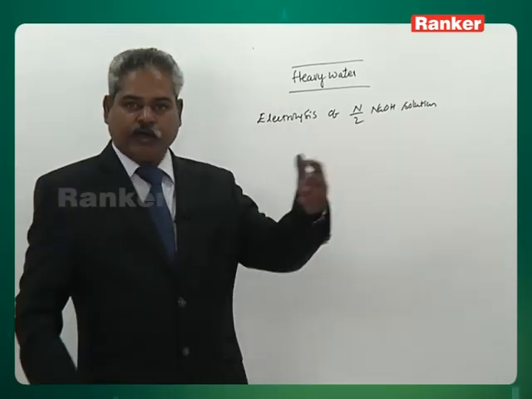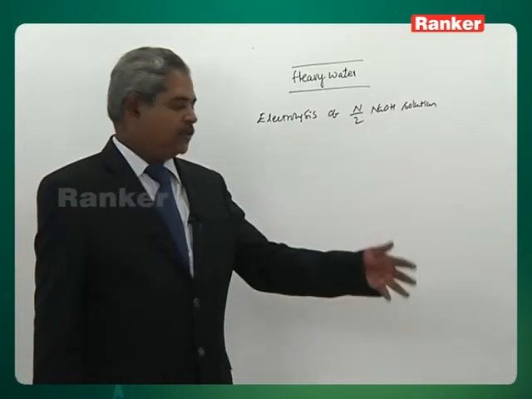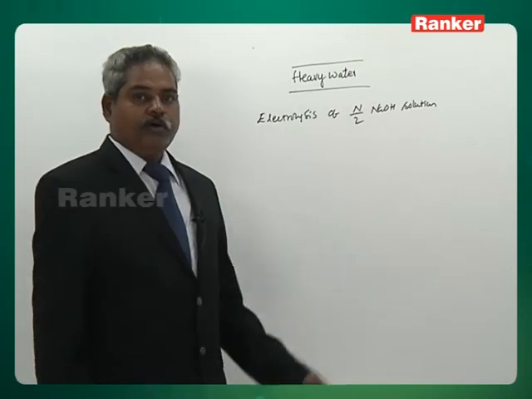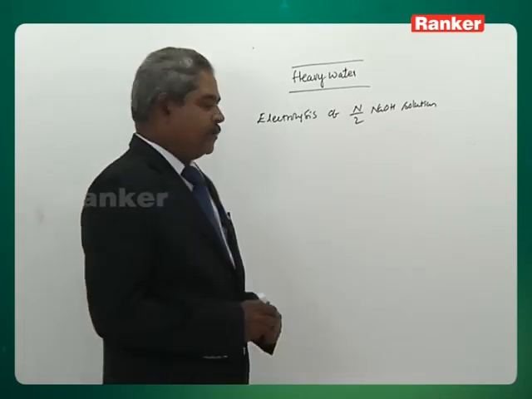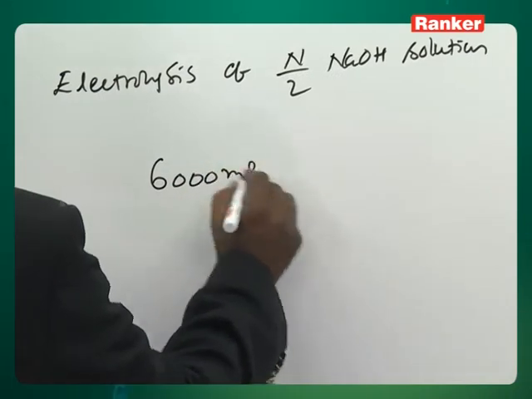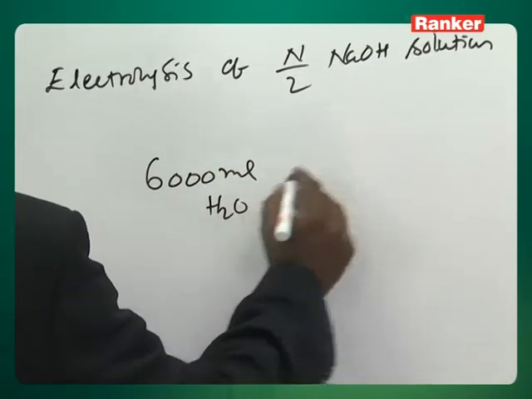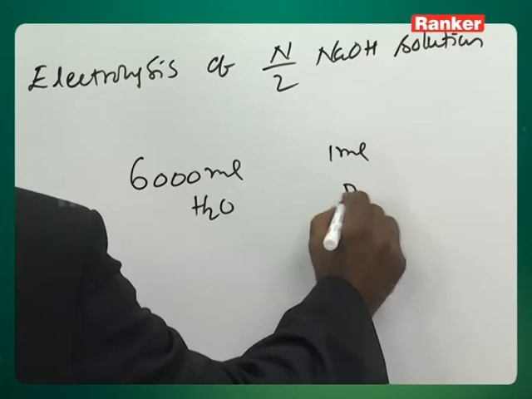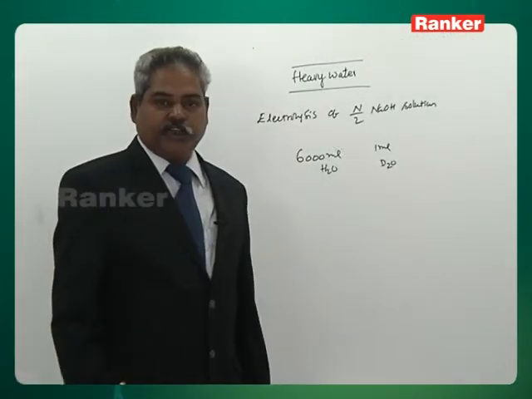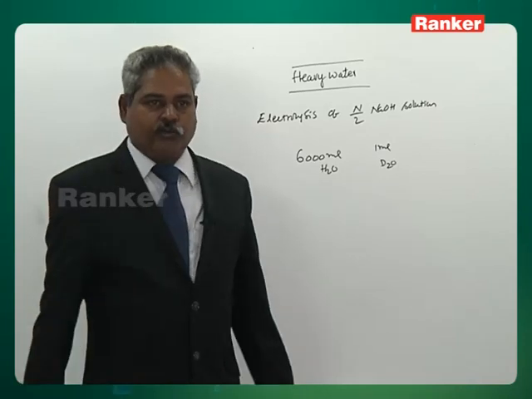You have D2O in rivers, seas, water tanks, everywhere, wherever H2O is present. But 6000 ml of H2O contains 1 ml D2O. So, that is the ratio. In 6 liters you just have one drop.